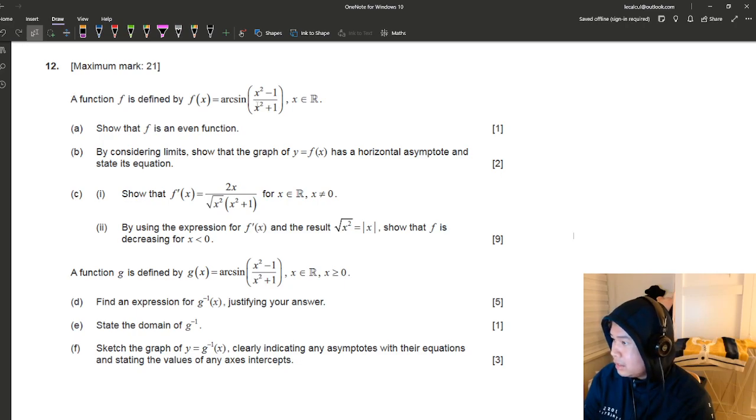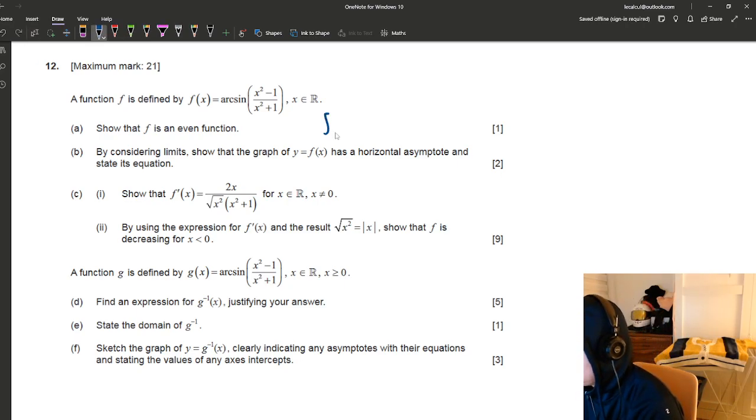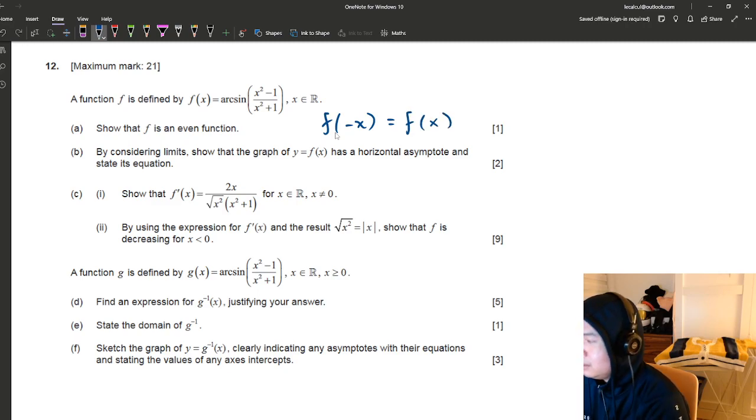Here's a function, arcsine, sure. Show that f is an even function. Easy enough. So an even function means that the function at negative x is the same as the function at x. And you can show that pretty easily, because this is going to be arcsine of negative x squared minus 1 over negative x squared plus 1.